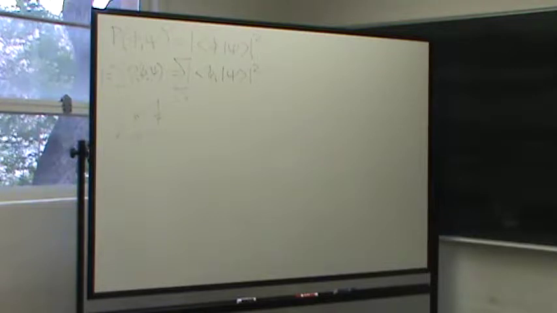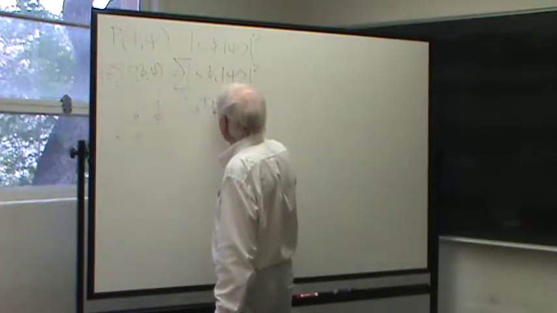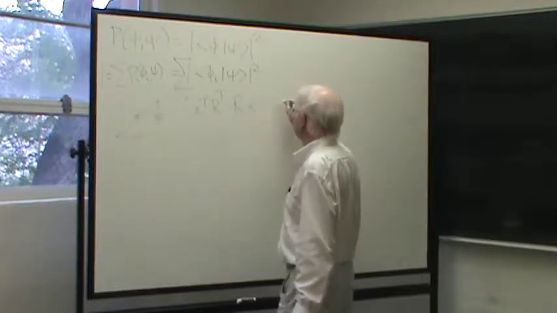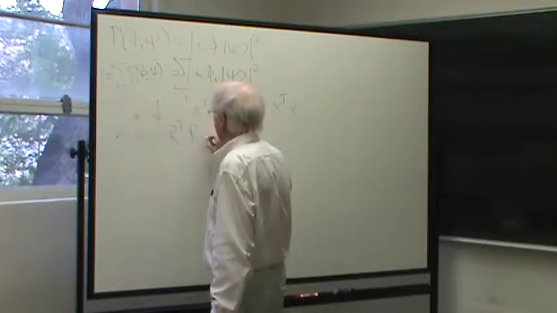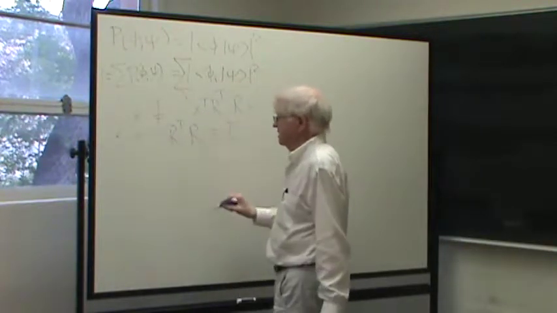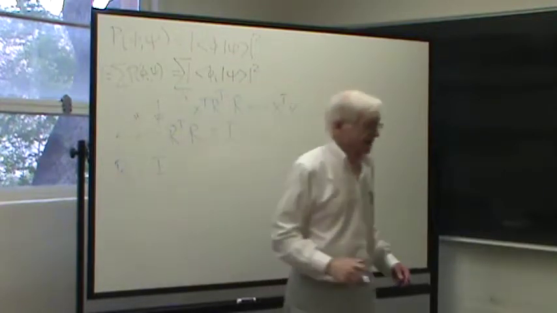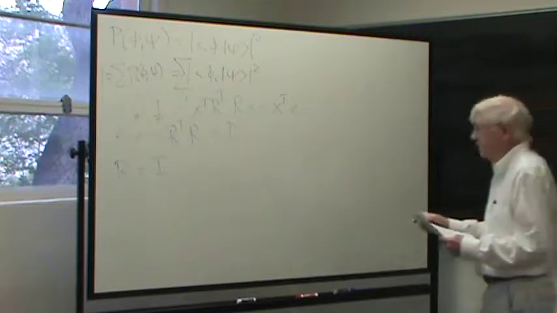So the rotation group then is such that X transpose R transpose R X equals X transpose X. So R transpose R is the identity. So in the Lie algebra sense, let me just glance at the notes here, in case I keep the same notation. Okay.